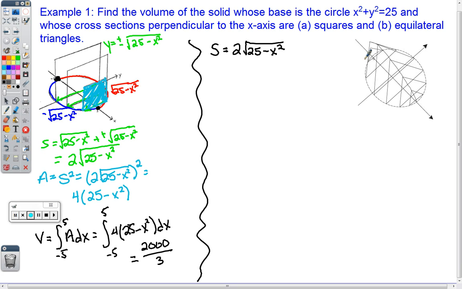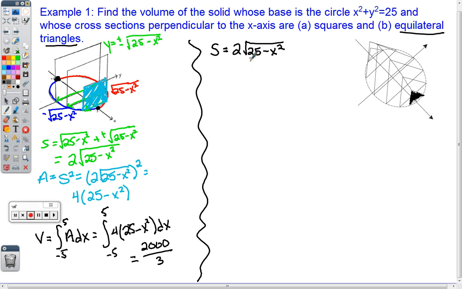What has changed is the area. We're not dealing with the area of a square anymore. We're dealing with the area of a triangle, in fact an equilateral triangle. You may or may not recall that last year I forced you guys to memorize about 1,500 of these stupid formulas, and one of them was the area of an equilateral triangle.